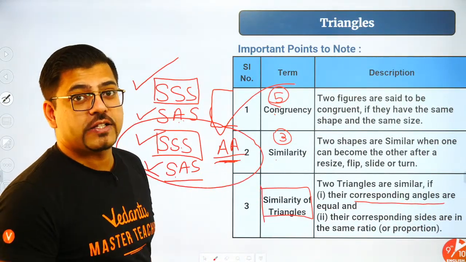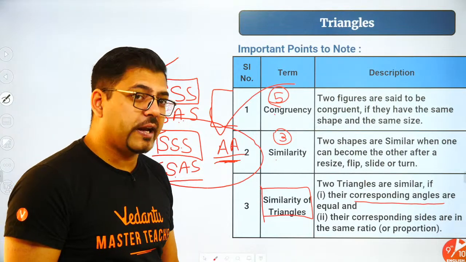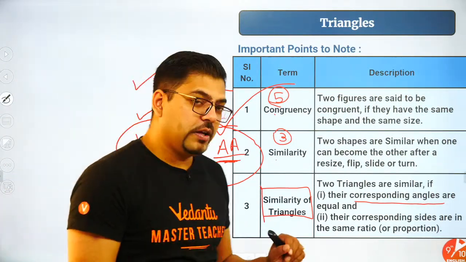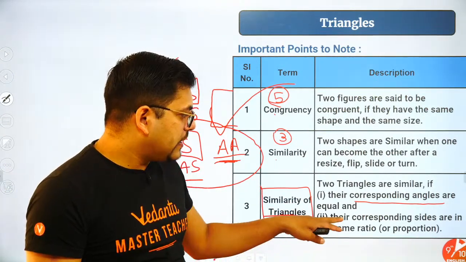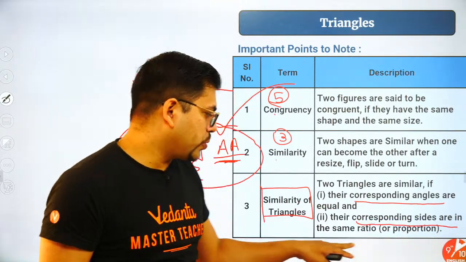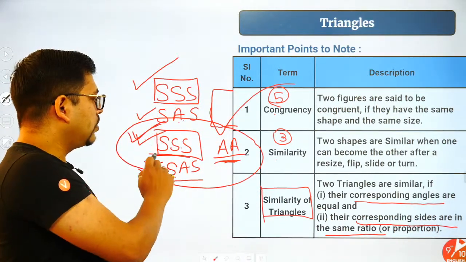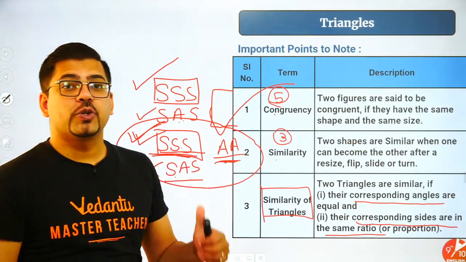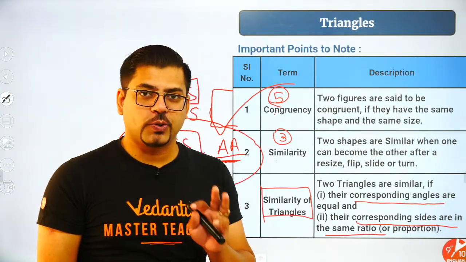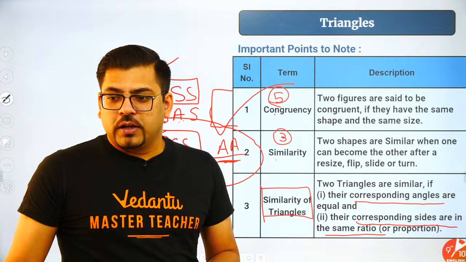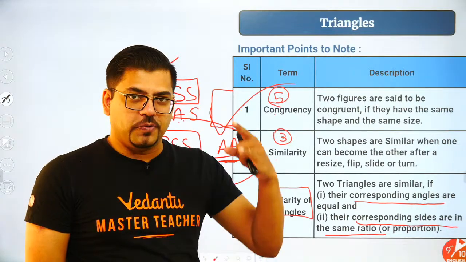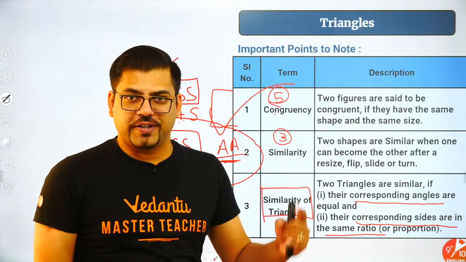If two triangles are similar, all their angles would be equal. Second, if the two triangles are similar, their sides would be in the same ratio. So vice versa is also true. Please do not forget it. Keep the josh high, guys.